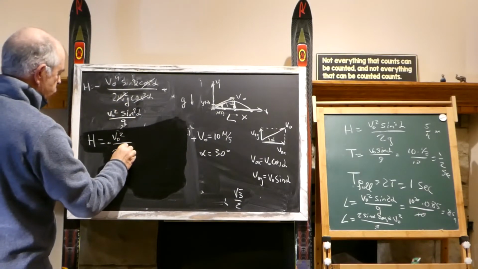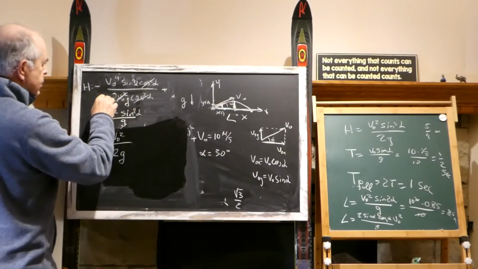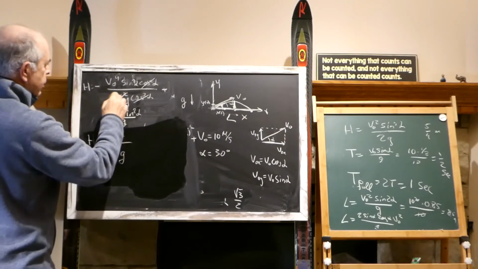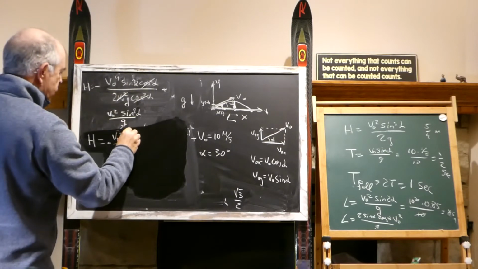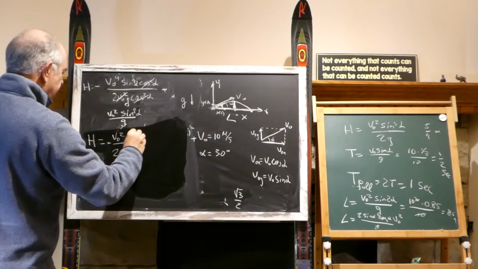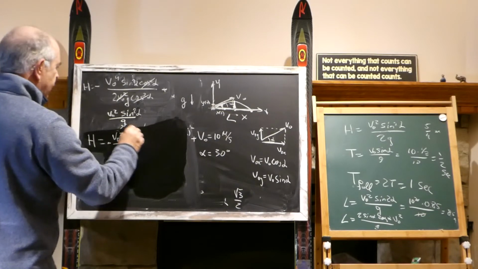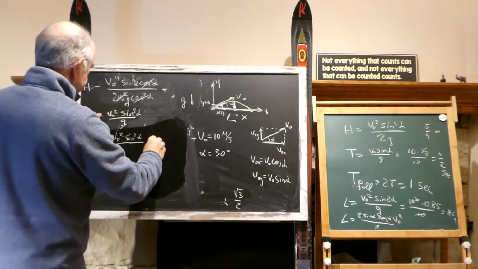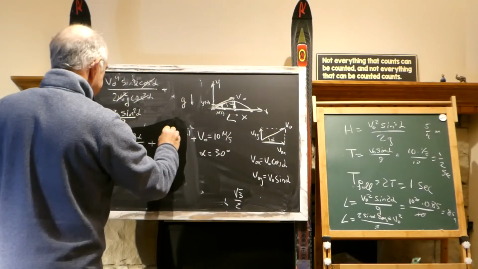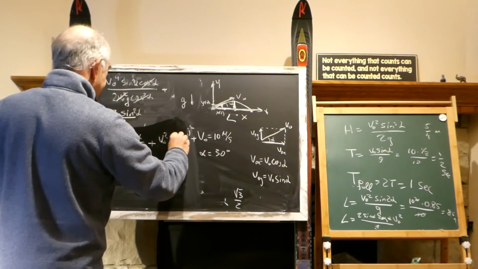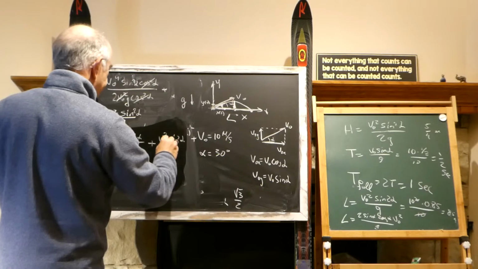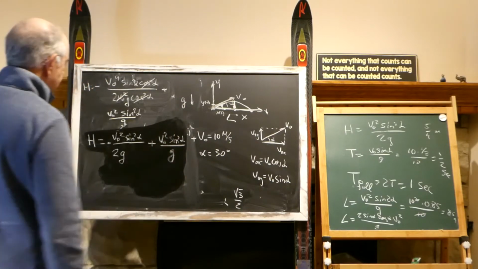So this becomes 2g in the bottom. That's all that is left from the denominator of this beast. And here I should put sine squared of alpha. And this is plus this one, v0 squared sine squared alpha divided over g.